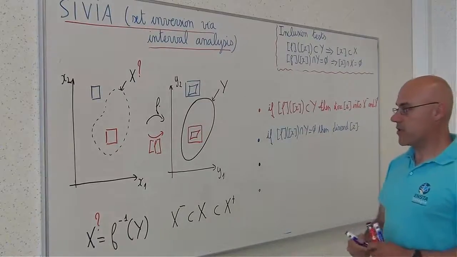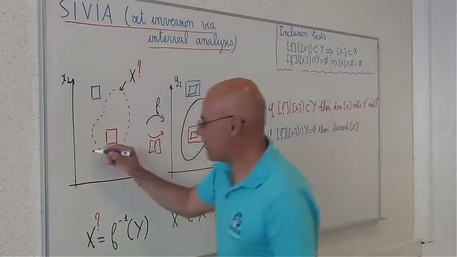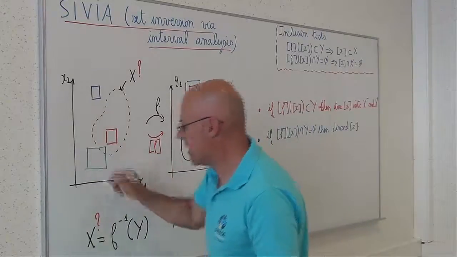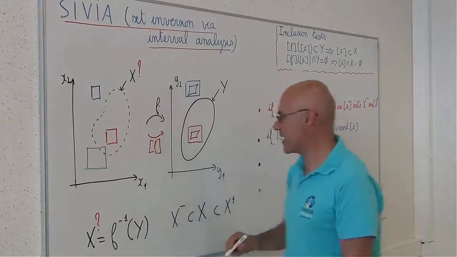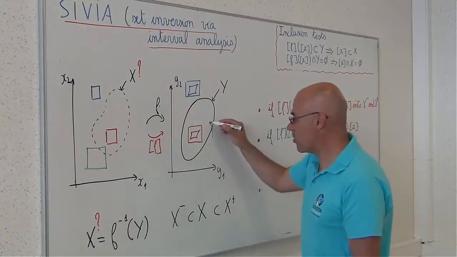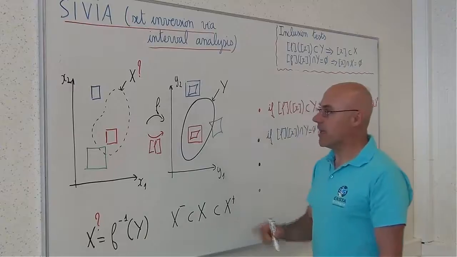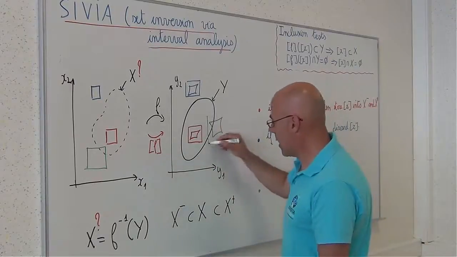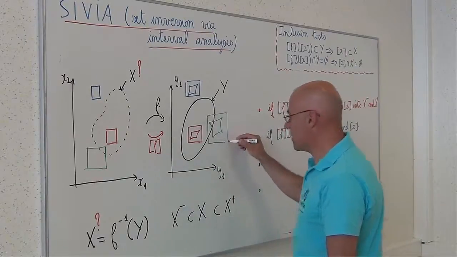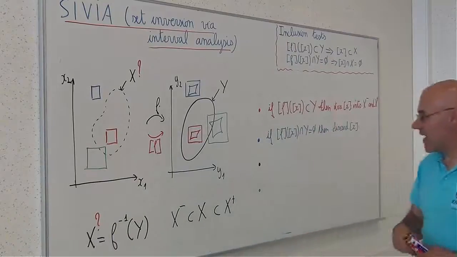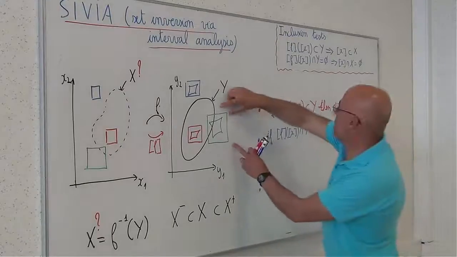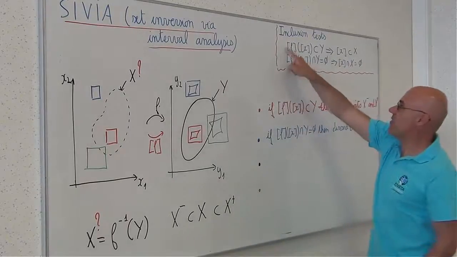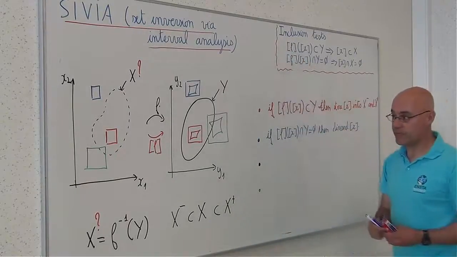I will consider another situation. I consider a box like this, which is neither inside X, neither outside. Its image could be like this, and by the inclusion function, I will obtain something like this. So, this box does not satisfy this condition nor this condition.